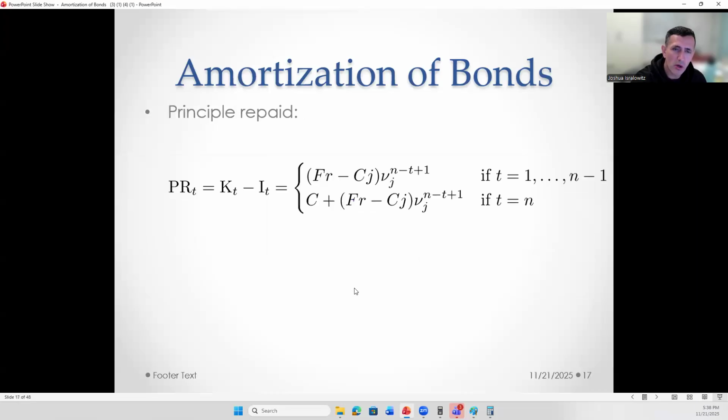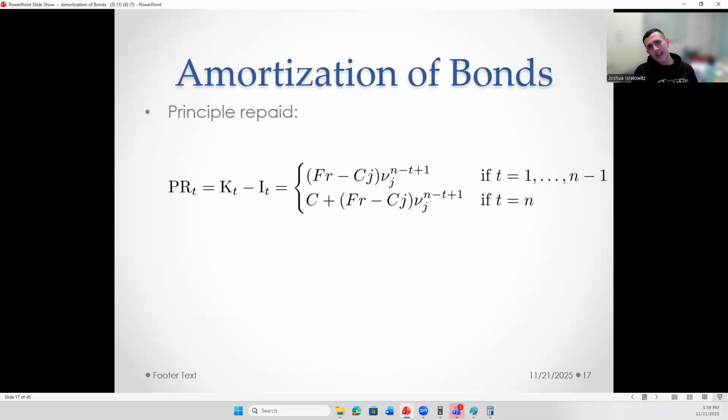One thing to be aware of: you'll maybe remember that the bond is bought at a discount precisely when FR is less than Cj, at par if FR equals Cj, and at a premium if FR is bigger than Cj. Remember, a bond bought at a discount means that the price is smaller than redemption, par is price equals redemption, and premium is price is bigger than redemption.